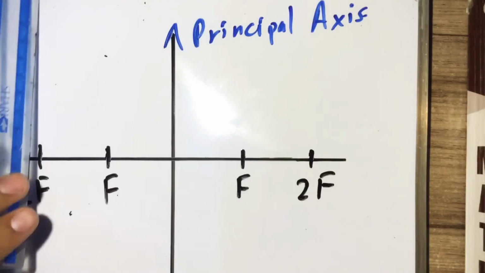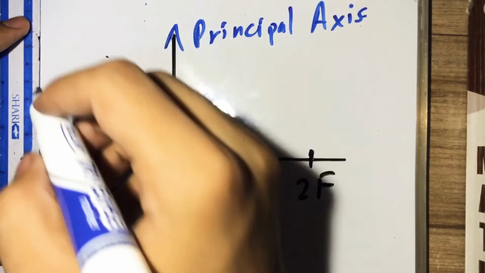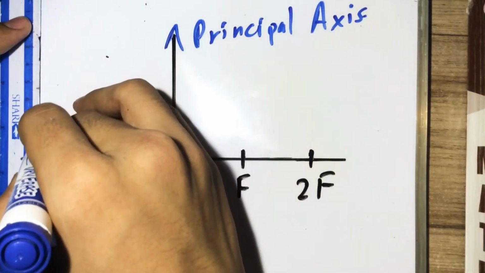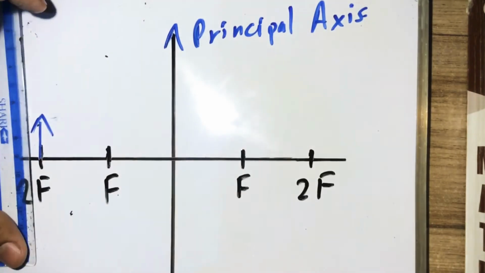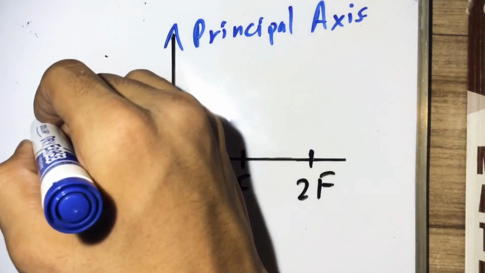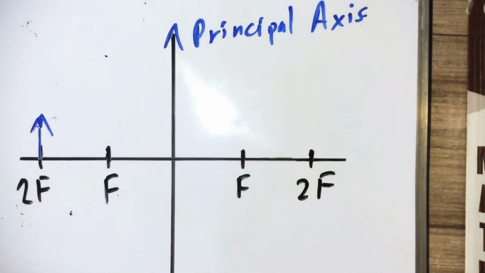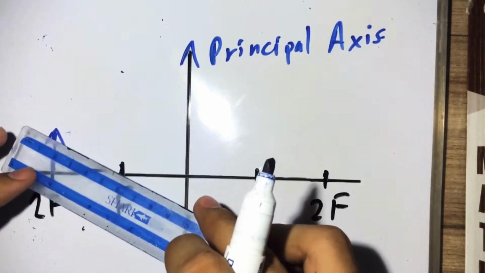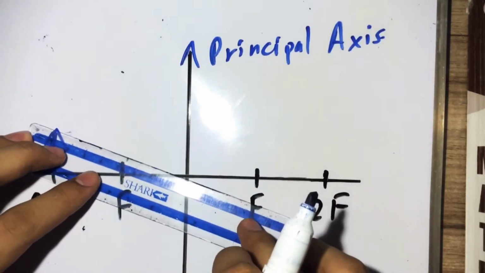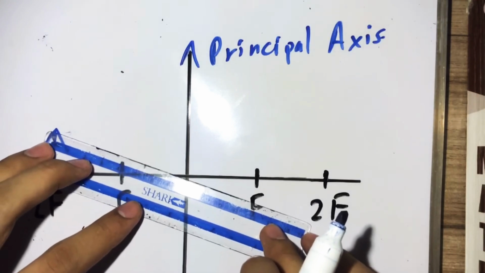If we have an object over here, we will draw rays from the top of the object. The first type of ray is such that it travels from the top of the object through the optical center of the lens.